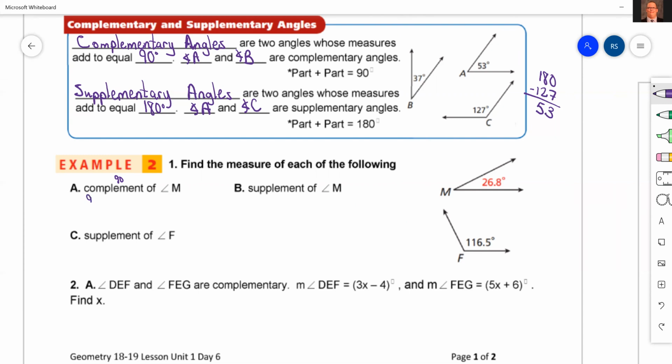So we're going to do 90 minus 26.8. And that'll give us 63.2 degrees.